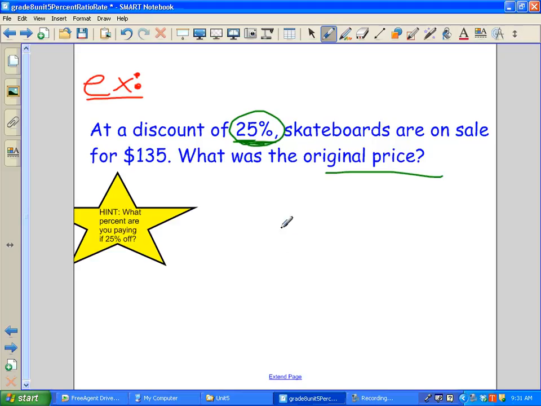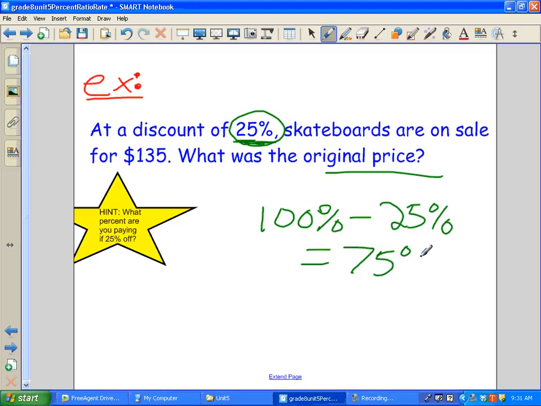We're only paying 100. 100% is all of it. If we've got 25% off, then really the price we're paying is only 75% of the original cost. Okay, so this is 75% of the original cost.